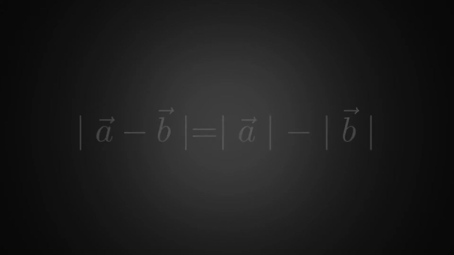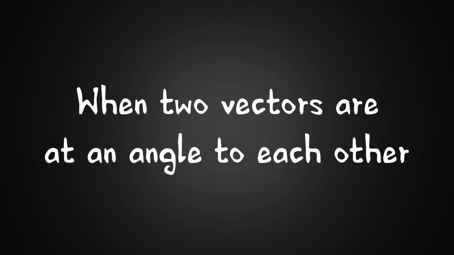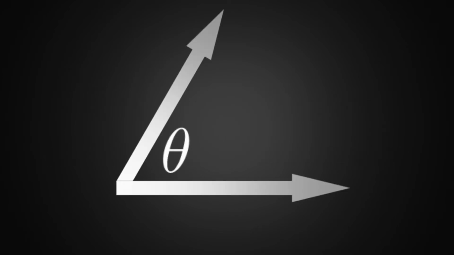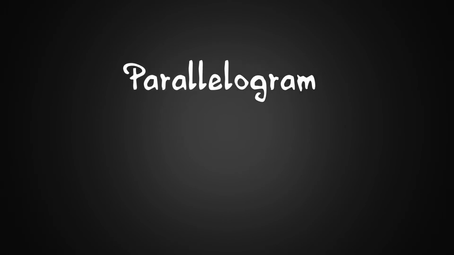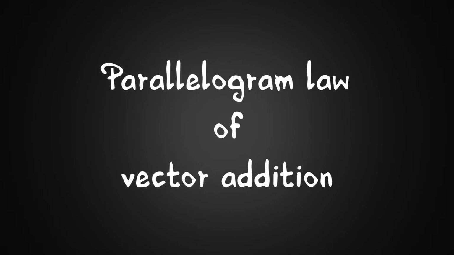The theory is different when two vectors are at an angle to each other, and if we call this angle theta. If we consider mere numeric addition in this case, we are wrong. When dealing with these types of problems, we use a theorem called the parallelogram law of vector addition.